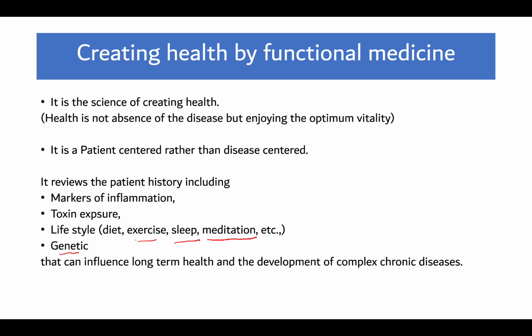Genetic makeup is important, however, we can't do everything without studying the genetics, and the importance of genetics here lies in the fine-tuning of our approach. All these factors influence the long-term health of the person, and if he is prone to have complex chronic diseases or not.